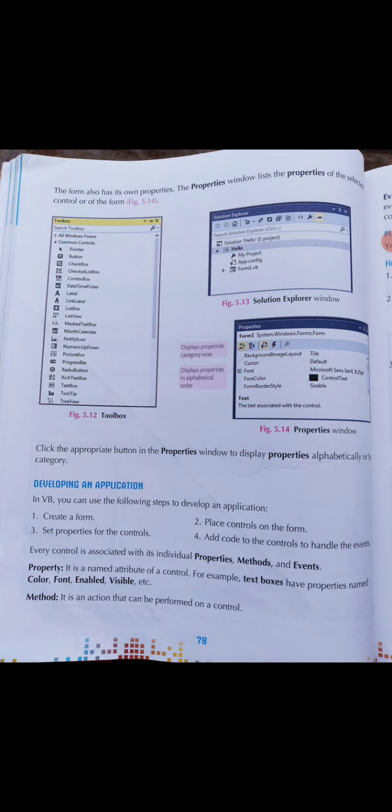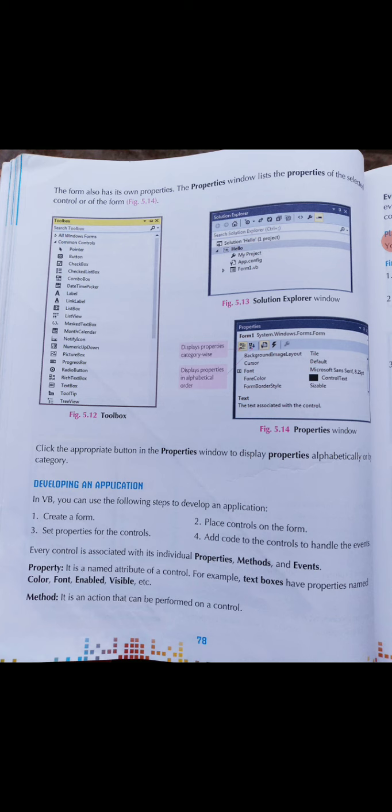Click the appropriate button in the Properties window to display properties alphabetically or by category. Now students, when your form is displayed on the screen, you will find the Properties window at the left hand side of your screen.